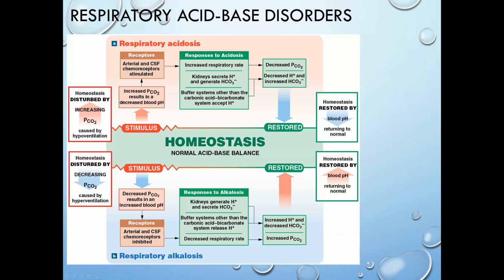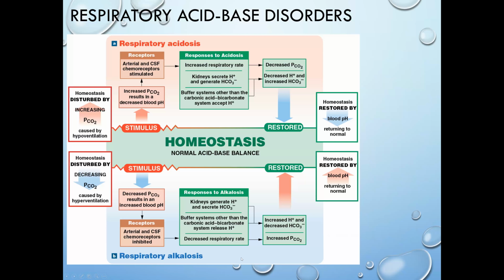This is why you see an elevation in bicarbonate ions as a compensation for respiratory acidosis. And so the goal is to reduce the carbon dioxide, get rid of hydrogen ions in the blood, get rid of hydrogen ions in the urine and return the pH back to normal.